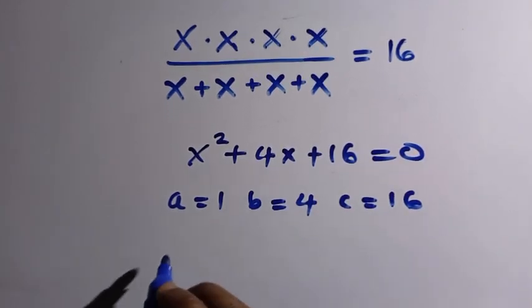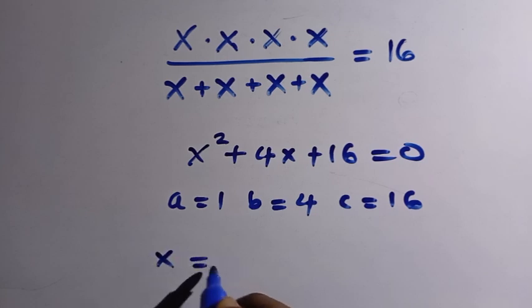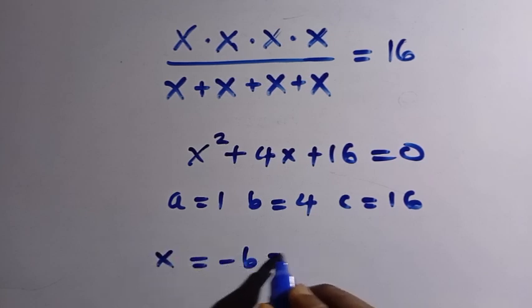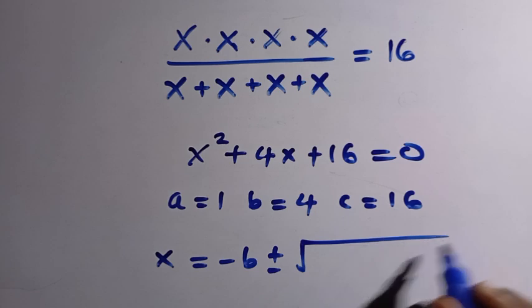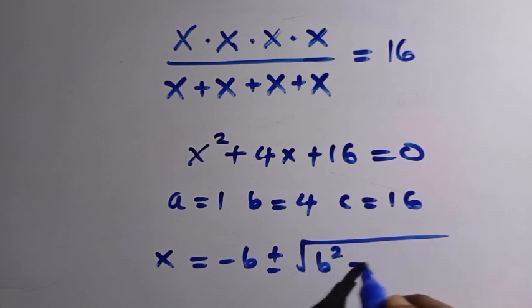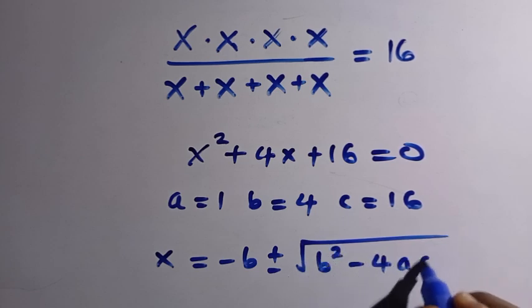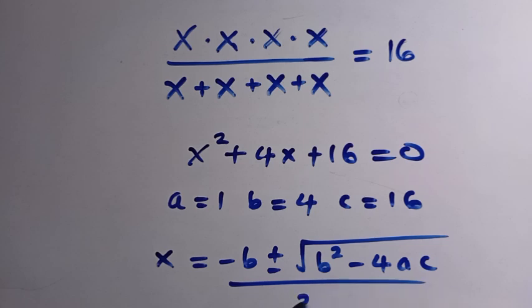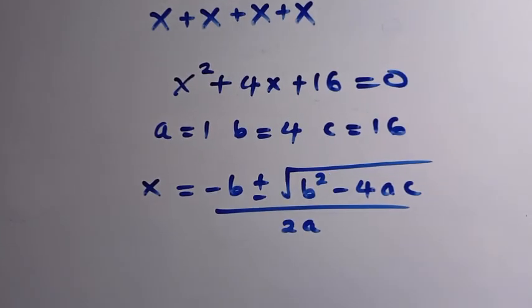So we introduce the quadratic formula, which is minus b plus or minus the square root of b squared minus 4ac, divided by 2a. After having this, let's substitute everything here.